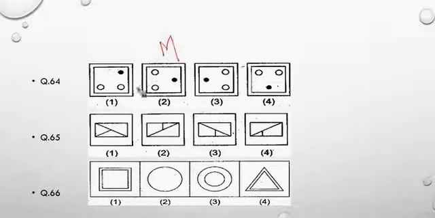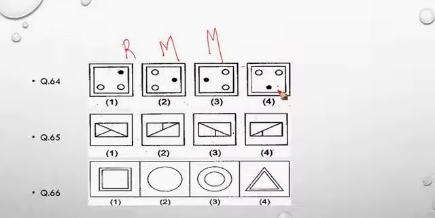whereas the position of the black dot in case of problem figure 1 is not in the middle, it is on the right side. Now let's see problem figure 3. In problem figure 3, 2 blank circles are on one side and the dark circle is on the opposite side in the middle.